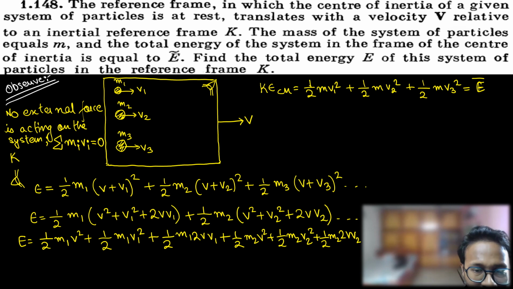If there are three masses, there will be half m1 v1 square plus half m2 v2 square.